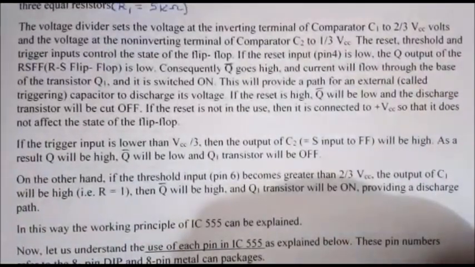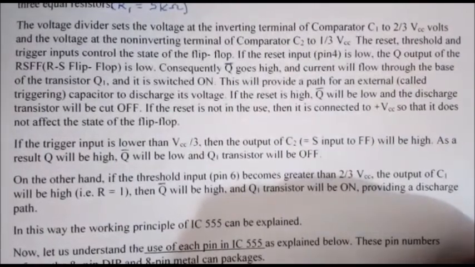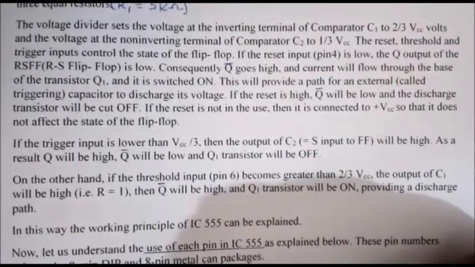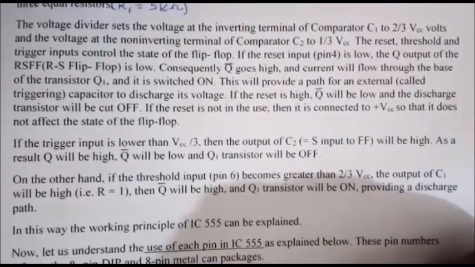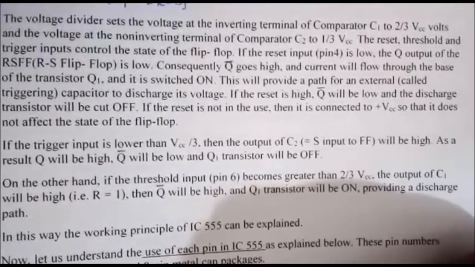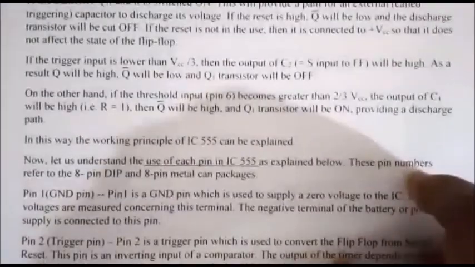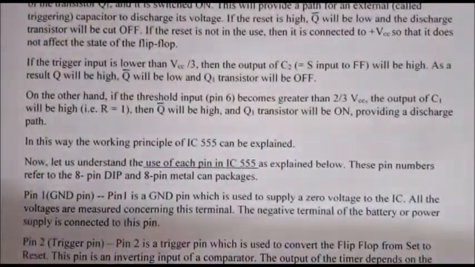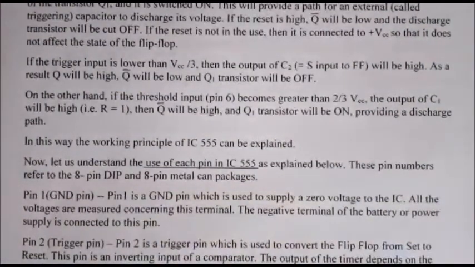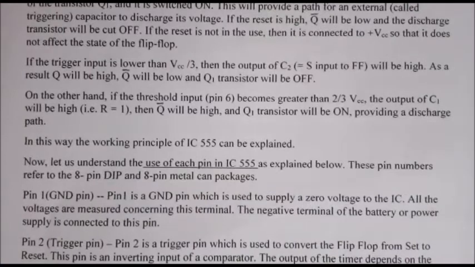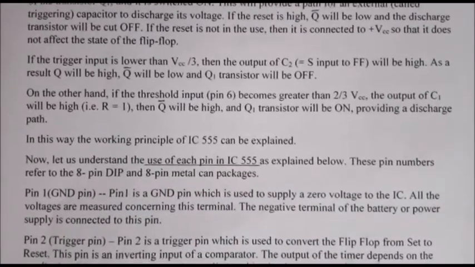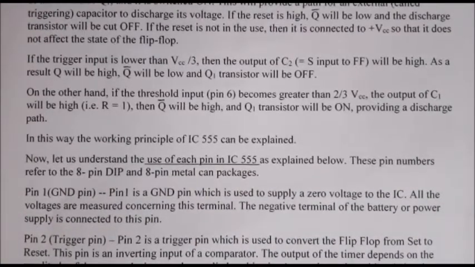This will provide a path for an external triggering capacitor to discharge its voltage. If the reset is high, then Q bar will be low and the discharge transistor will be cut off. If the reset is not in use, then it is connected to plus VCC so that it does not affect the state of the flip-flop.